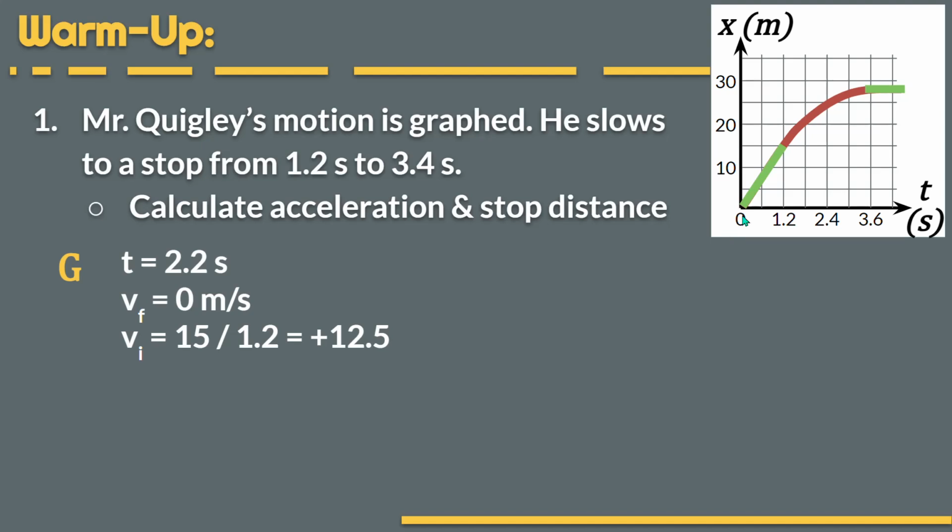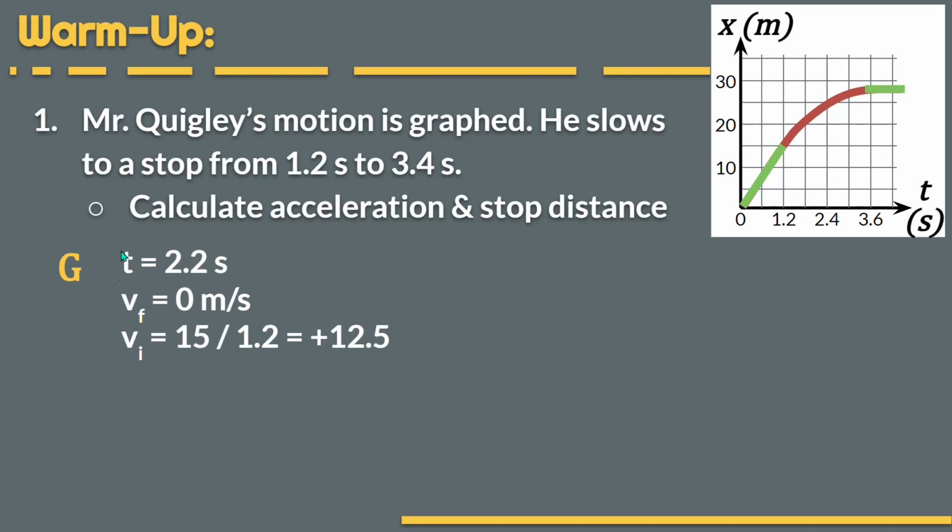Because it goes through the origin, it's a little easier. So rise from this origin point at the origin, 15. And then run, or my change in x, is 1.2. So I have 15 minus 0 over 1.2 minus 0. I didn't worry with the zeros. But if I divide those two, 15 divided by 1.2, I get an initial velocity of 12.5 meters per second. I forgot to type my units, but it is positive 12.5 meters per second, and that's my initial velocity.